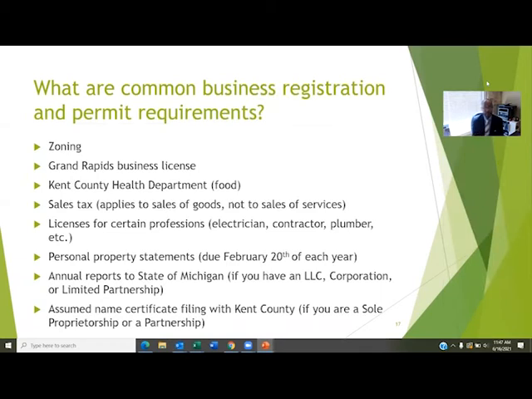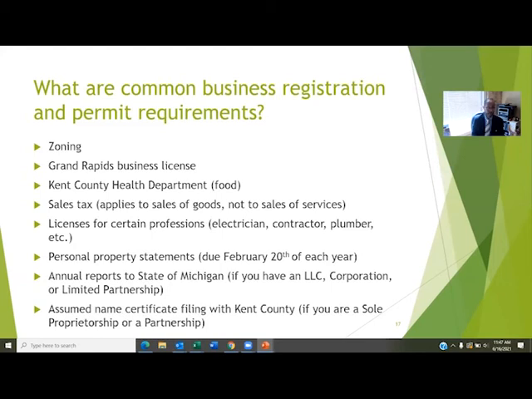Some other things to keep in mind, and this depends on what sort of business you're going into, but be aware of zoning requirements. You can't operate just any sort of business anywhere you'd like. If you're in a residential area, they're not going to allow you to operate a gravel pit, for instance, within a residential area. Certain areas are zoned commercial, and even within that, there are levels to that zoning.